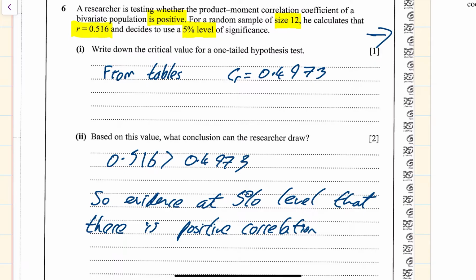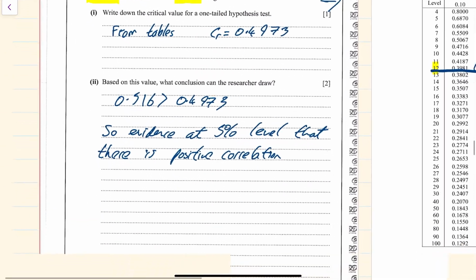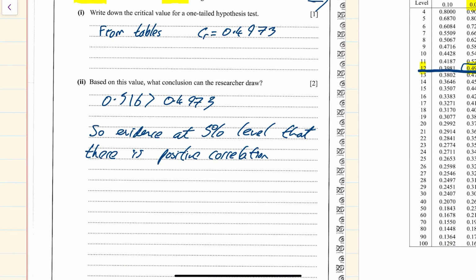They were talking here about the product moment correlation coefficient. That is whether or not there's a relationship between two variables. So you have three situations. You've got R equals 0, where there's absolutely no correlation. R less than 0 means there's a negative correlation.